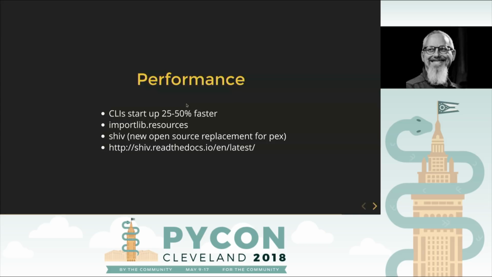It was just recently open sourced, so if you're using PEX now, I highly recommend giving Shiv a look. Shiv only works with Python 3.6, so yay for modern stuff. It's all open source, please play with it. Between Shiv and the use of importlib resources, we've seen a 25 to 50% improvement in the responsiveness of --help. So that's really awesome.